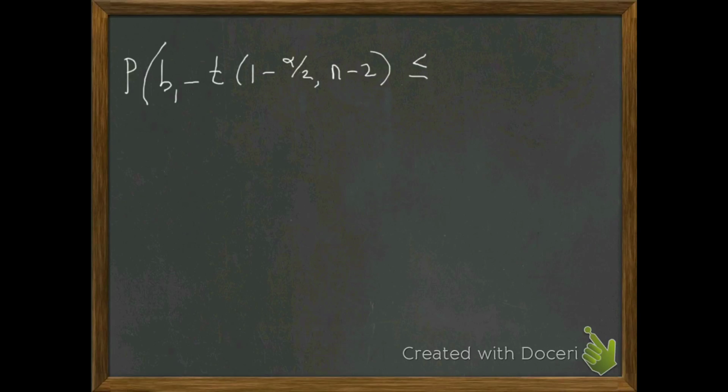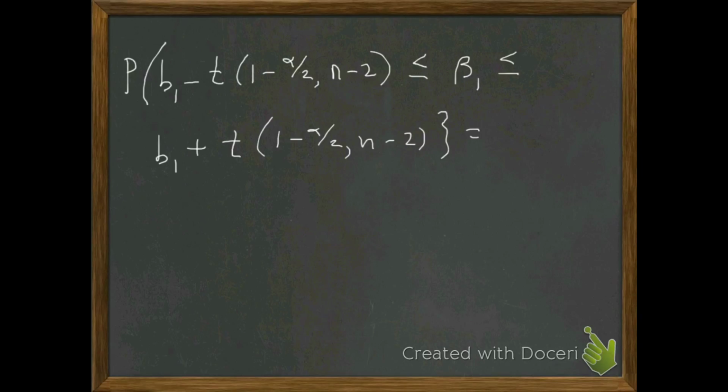less than or equal to beta 1 less than or equal to beta 1 plus t 1 minus alpha over 2. Yeah, this is good. Which is still 1 minus alpha.